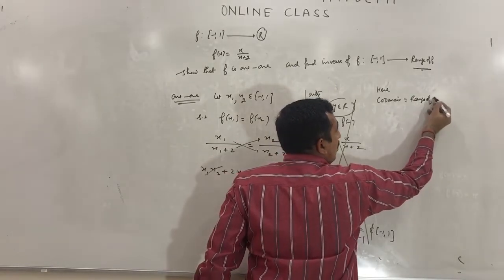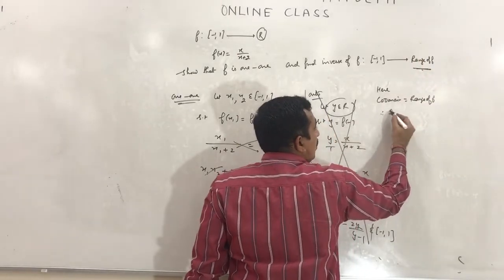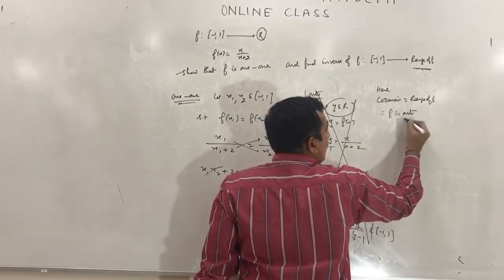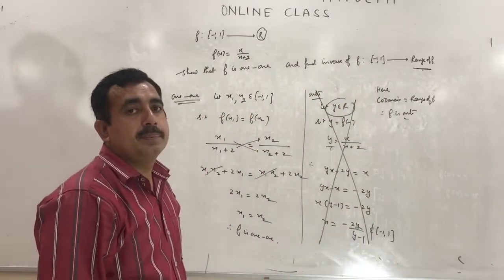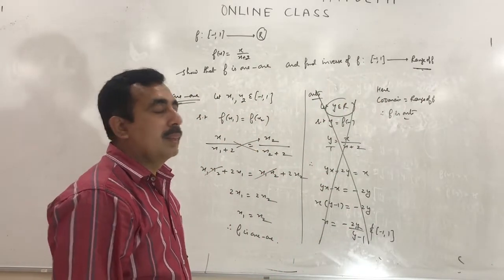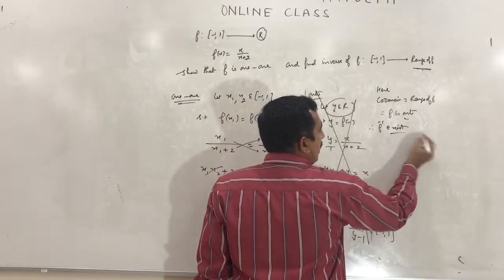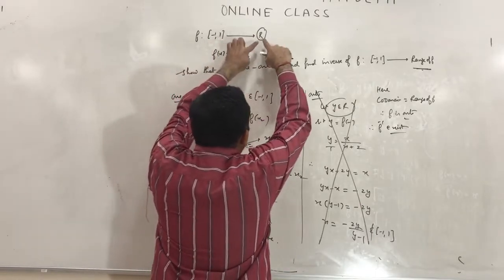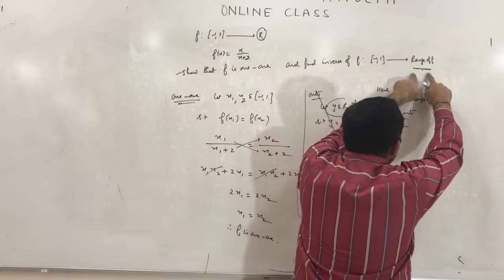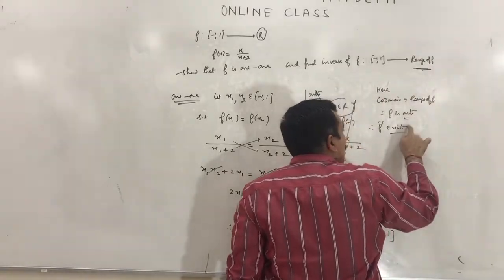It is given in the question, range. Codomain is range. Therefore, f is onto. It is onto, not this. And therefore, the inverse exists. Otherwise, its inverse does not exist. But instead of this, if I write this, it means codomain and range both are the same, and therefore it is onto, and now the inverse exists.